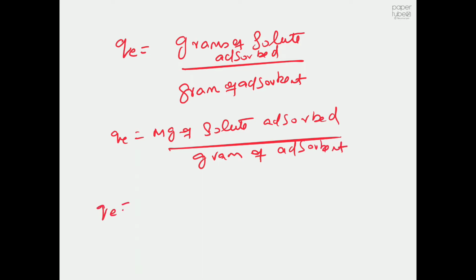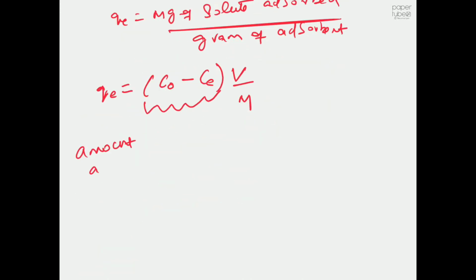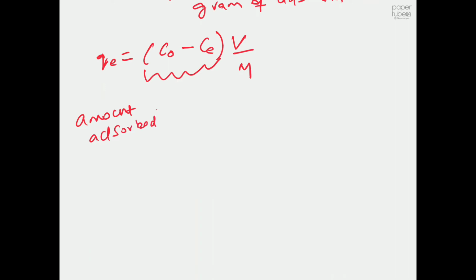It's okay to go through this part of the lecture a bit slowly. QE is C0 minus CE multiplied by V by M. I said in the previous lecture, we can just express the amount adsorbed as C0 minus CE. That will be some number expressed in grams per liter.